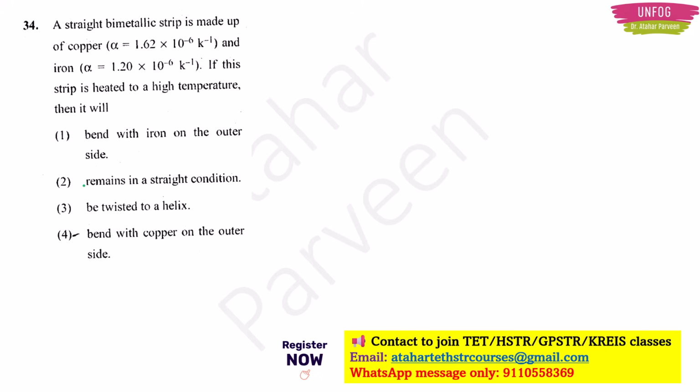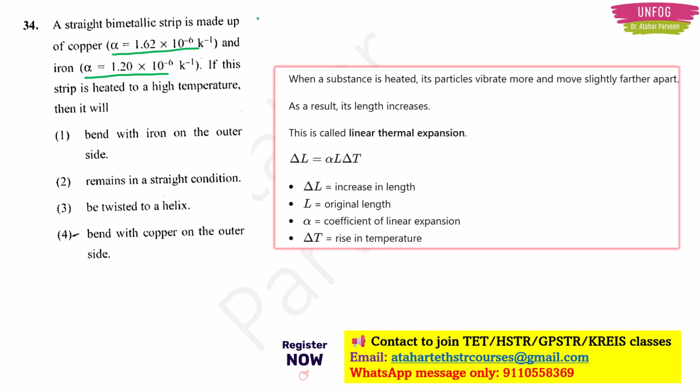Next, question number 34. A straight bimetallic strip is made up of copper and iron. If this strip is heated to a high temperature, then it will, and they have given 4 options. In brackets for copper and for iron, they have given the value of thermal expansion. So you have to understand this concept, the linear thermal expansion.